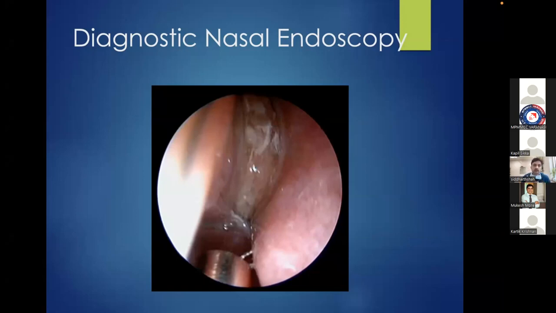Try to put your endoscope all around, and use the suction tip to see if that lesion is attached to or infiltrating the nasal septum, the turbinates, or the nasal floor, and go right up to the stalk or the origin of this lesion, which will give you a clue of the possible etiology or pathology of this lesion. And this gives you a fair idea about the further management or further workup that you need to plan.